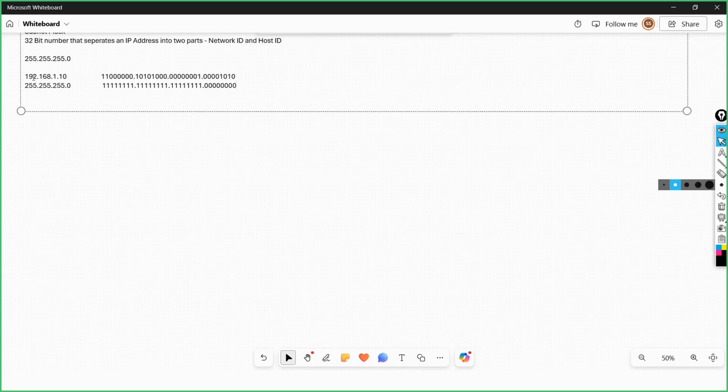So if I am writing 192.168.1.10 with subnet mask 255.255.255.0, then using this subnet mask you will be able to identify the network ID and the host ID. Can anyone tell me how many bits are in the network and how many bits are in the host for this IP 192.168.1.10? Please put it in the chat box.